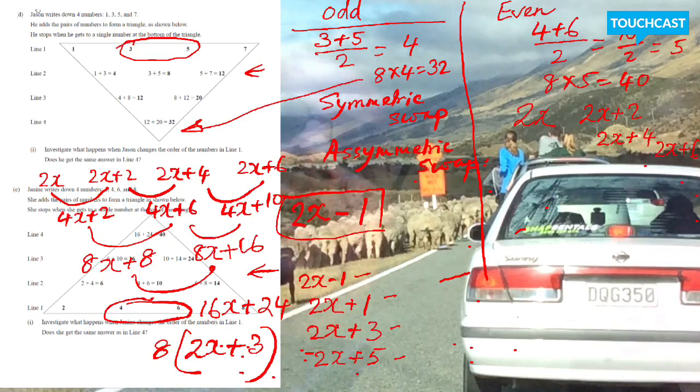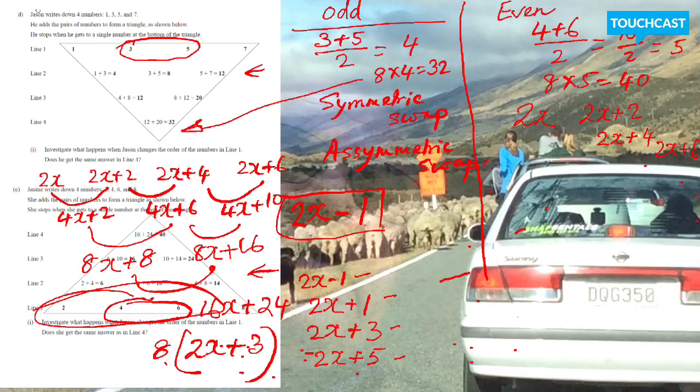If I multiply these numbers by 8, is it going to give me the final summation? Okay, what is that 2x plus 3? Let me see.